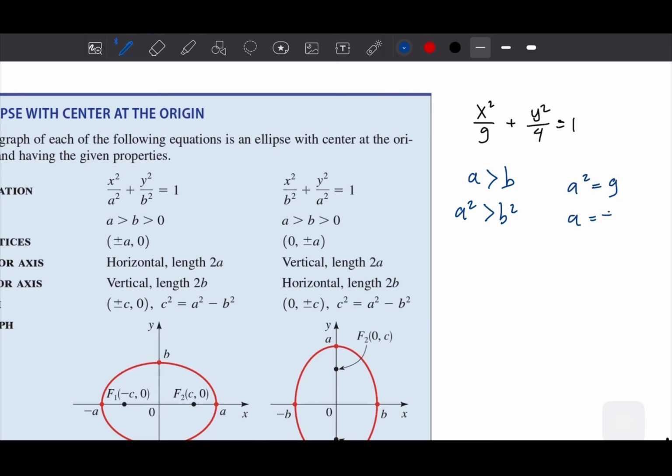So a is plus minus 3, and b squared is 4, or b is plus minus 2. So c squared is a squared minus b squared, which is 5, or c is plus minus square root of 5.